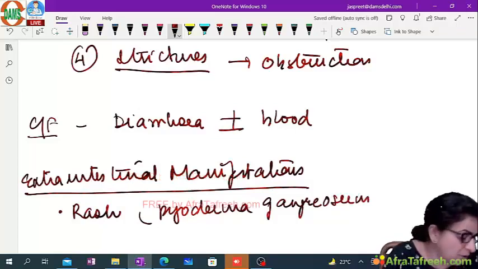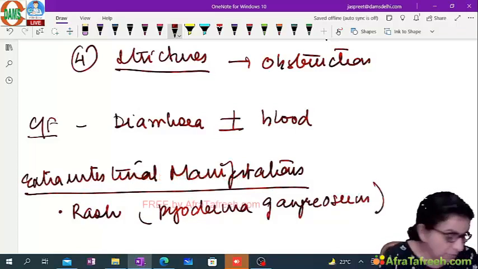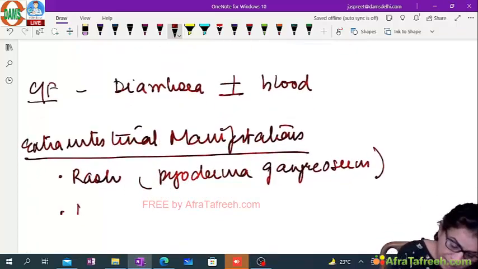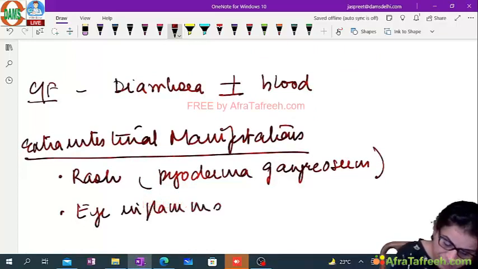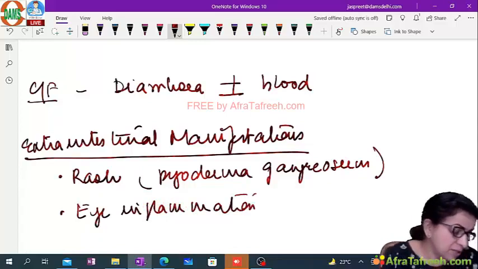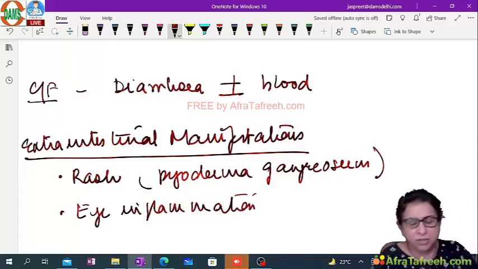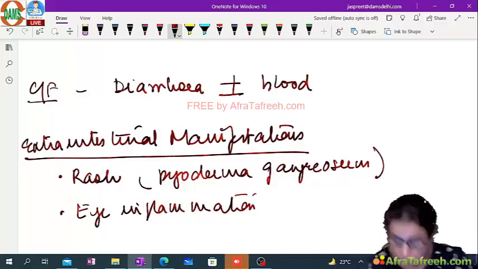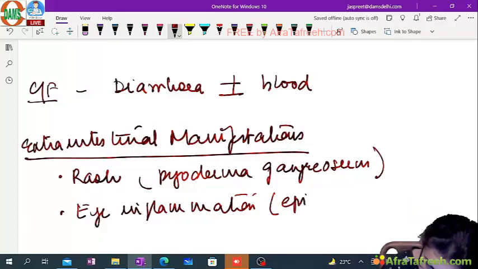Pyoderma gangrenosum or erythema nodosum. Second, they can have eye inflammation, due to episcleritis or uveitis.